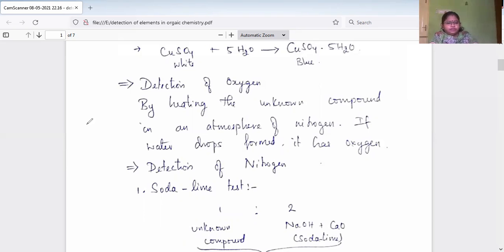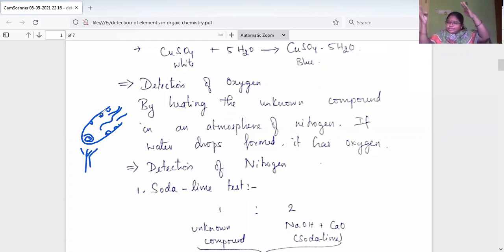What they're talking about is, in a test tube, if you take the organic compound and heat it, if it is hydrated, or if hydrogen and oxygen are there, you will get water droplets. That means the water vapor which escapes condenses and becomes water droplets.